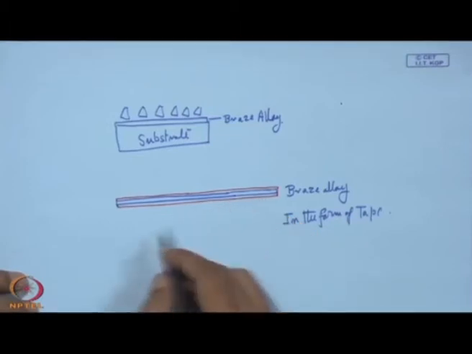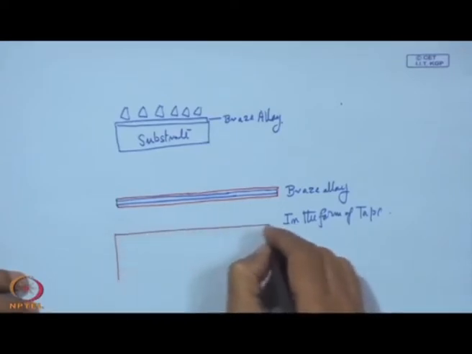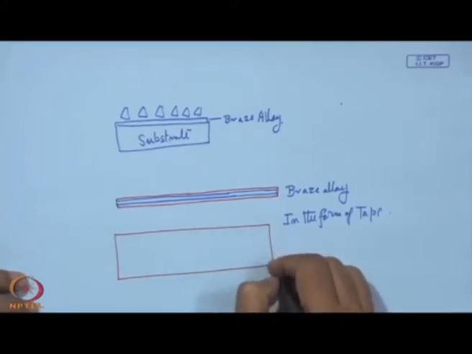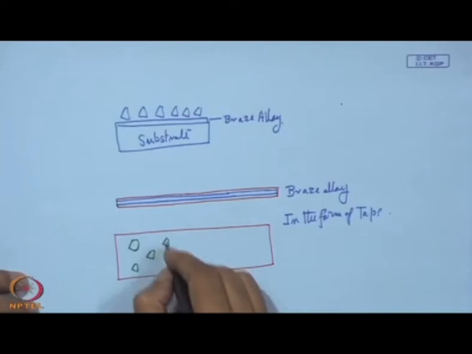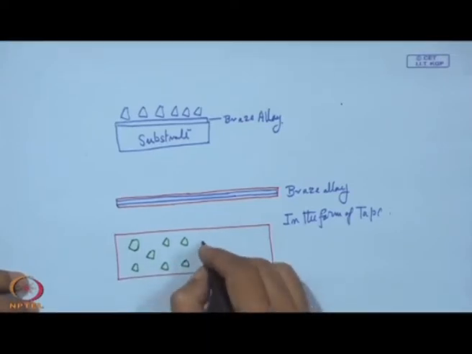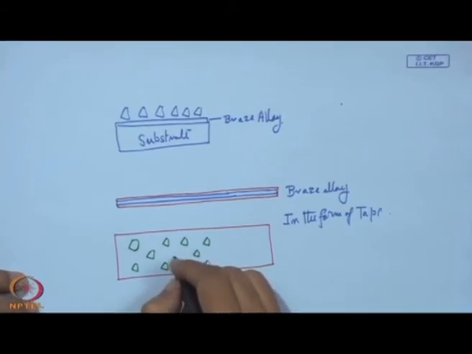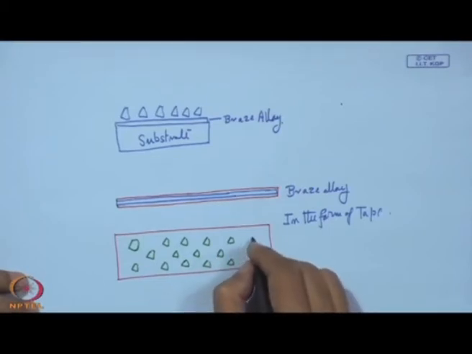Now, this is from the side. From the top, this is the width of the tape, and we can show that these grits can have some kind of regular setting, and we should be able to change this setting.